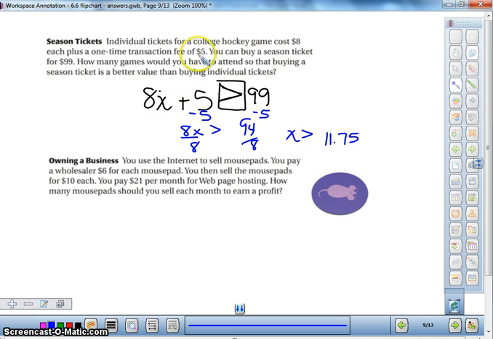When is it a better value to buy the individual tickets? So if we're thinking about this, how many games would you want to attend for a season ticket to be a better value? The season ticket is going to be a better deal if we go to not 11 games, but 12 or more games.